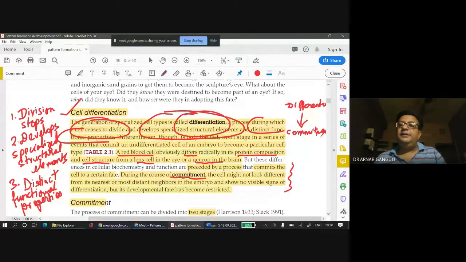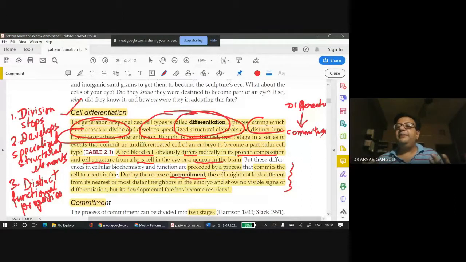But when you walk on the road, you look like a girl or a boy who is not committed, who doesn't have a girlfriend or boyfriend. But they look the same. But already inside the person who has a girlfriend or boyfriend, commitment has taken place. That is, this person will not get interested in any other boy or girl, committed to one person.